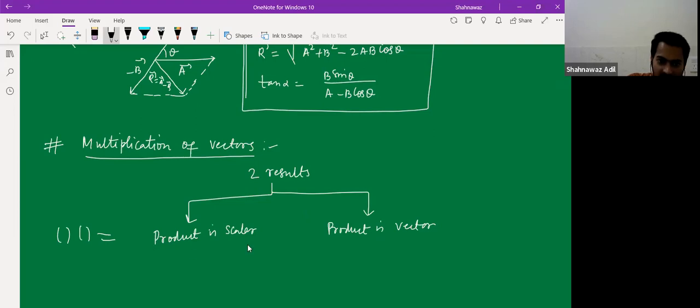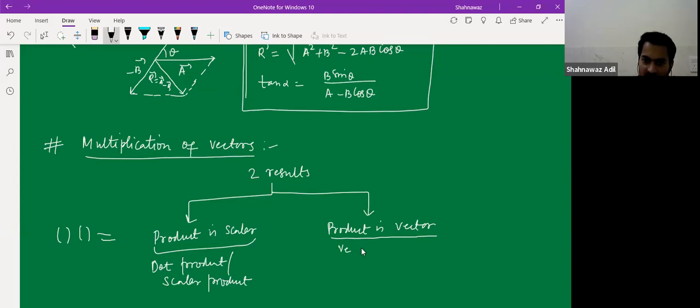So this is called the dot product or the scalar product. And this is called the vector product or the cross product.